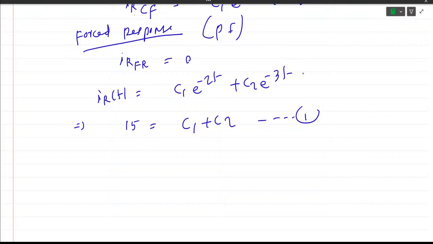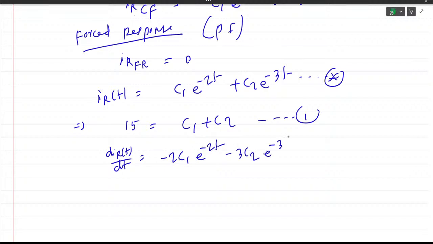Then differentiate this equation: dIR upon dt is equal to minus 2c1 e raised to the power minus 2t, then minus 3c2 e raised to minus 3t. Evaluate at t equal to 0 plus, and we have found it to be minus 65.